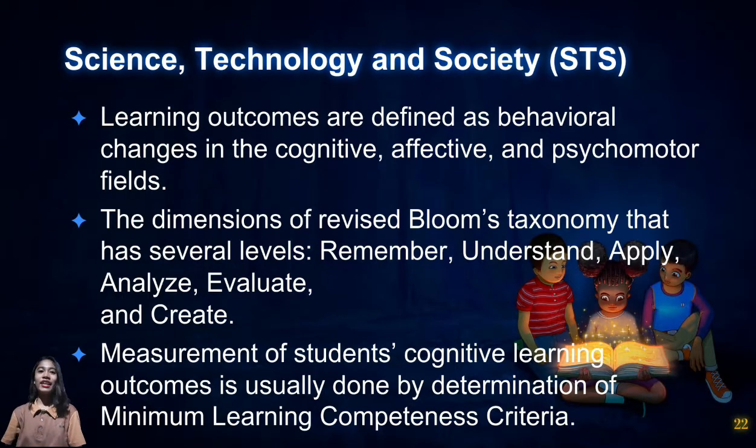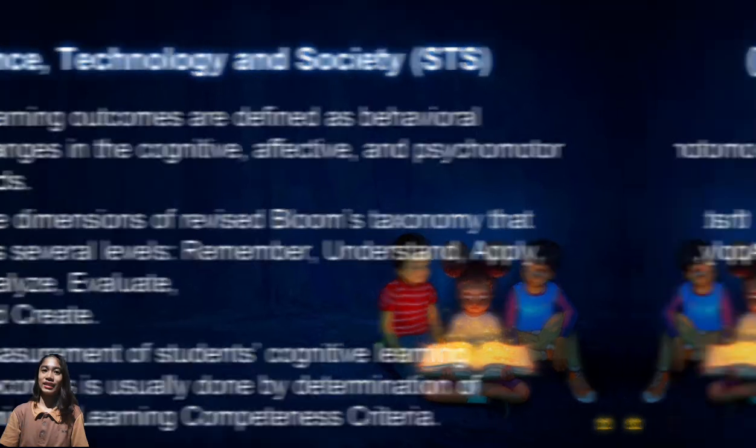FYI, learning outcomes are defined as behavioral changes in the cognitive, affective, and psychomotor fields. Second, the dimensions of revised Bloom's taxonomy that has several levels: remember, understand, apply, analyze, and create. Measurement of students' cognitive learning outcomes is usually done by determination of minimum learning competencies.